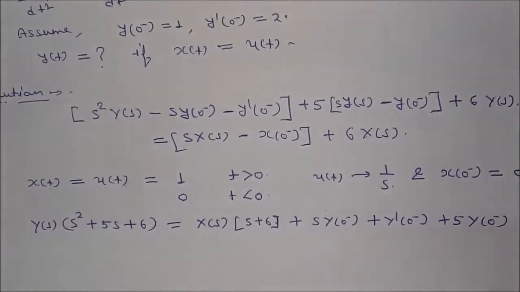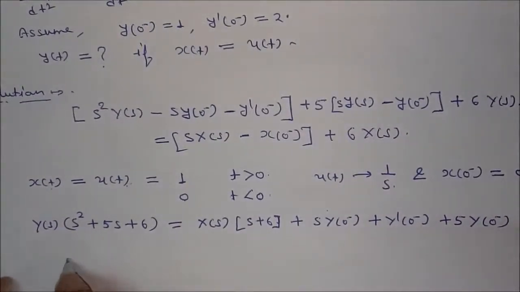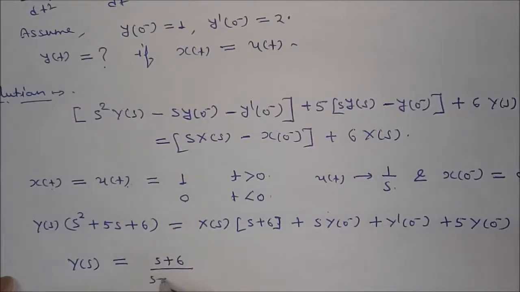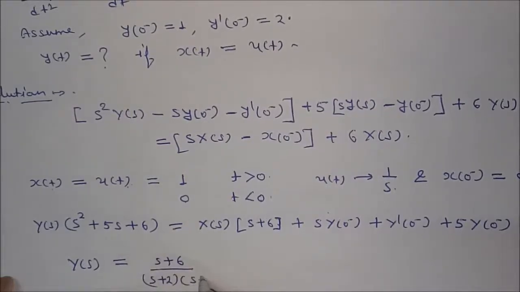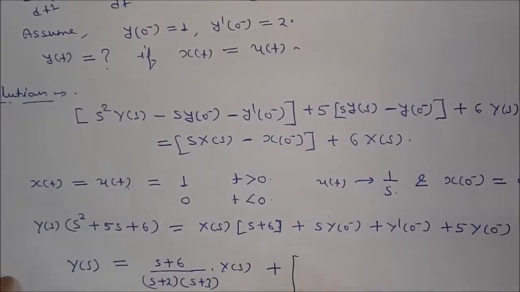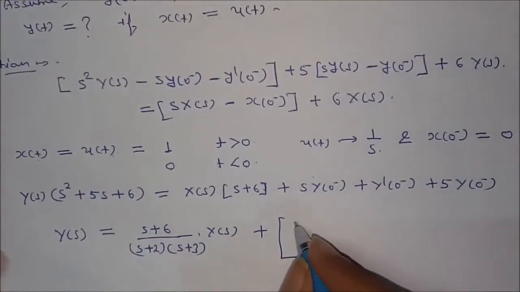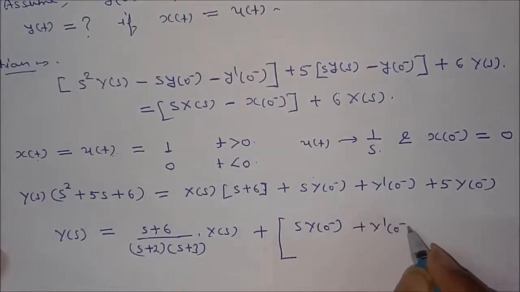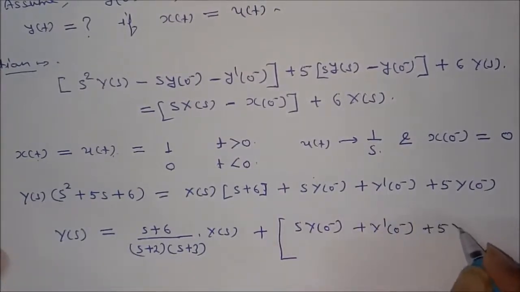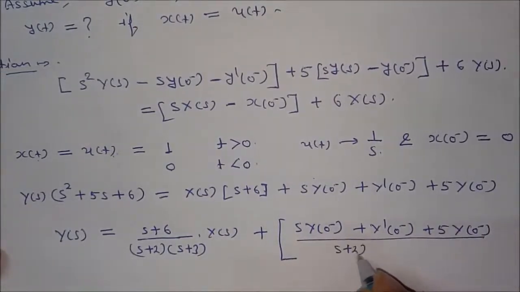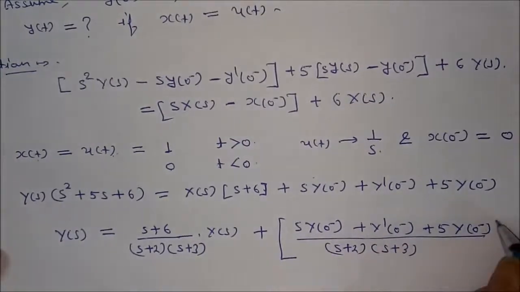If I make some more arrangement, can I write this expression Y(s) as (s plus 6) divided by (s plus 2)(s plus 3), this is X(s), plus (s y(0-) plus y'(0-) plus 5 y(0-)) divided by (s plus 2)(s plus 3).